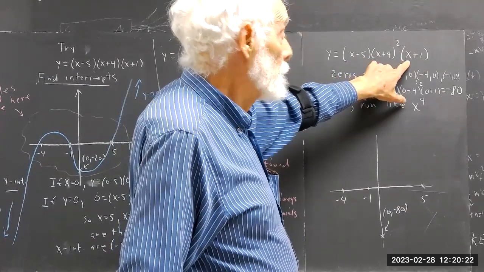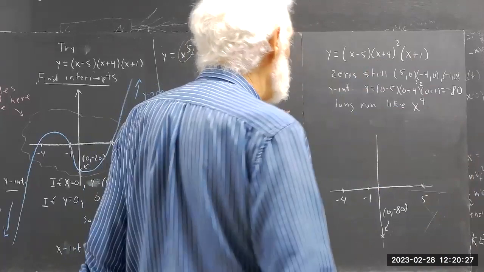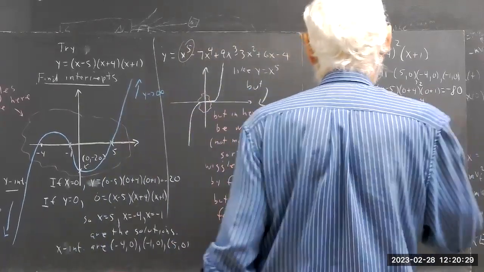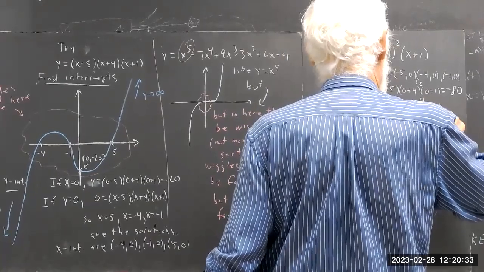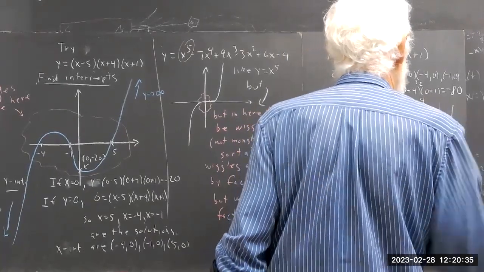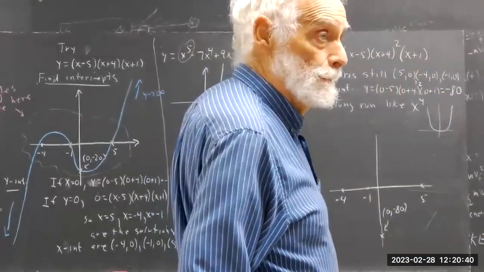And when I multiply by x plus 1, it's going to give me an x to the 4th. And x to the 4th has a graph that looks a lot like x squared, but flatter at the bottom and steeper on the sides.